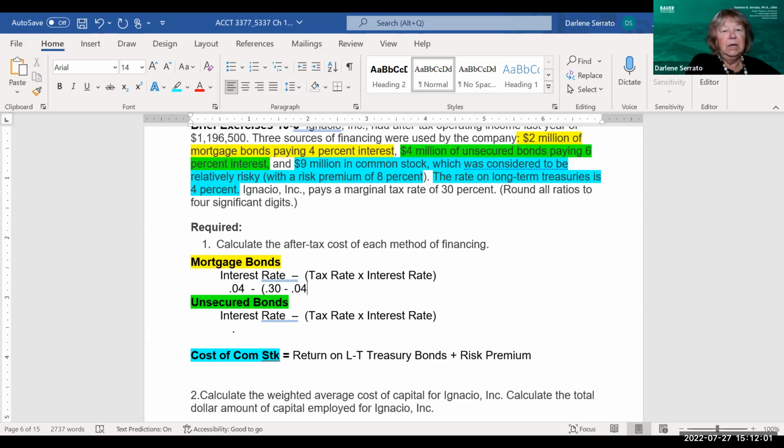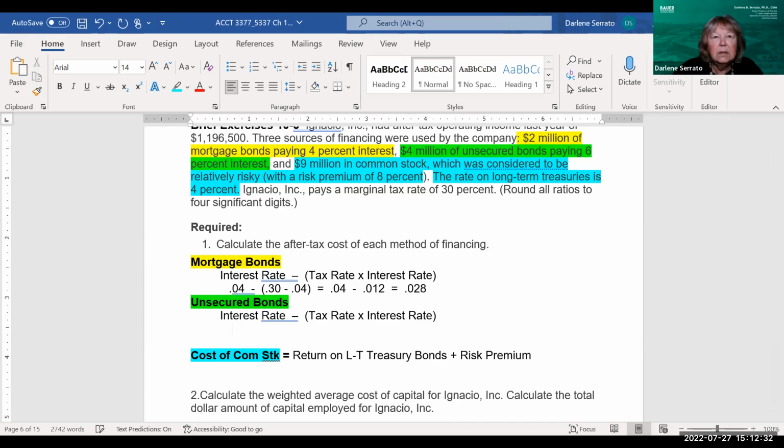And that should be 0.012. So 0.04 minus 0.012 equals 0.028.